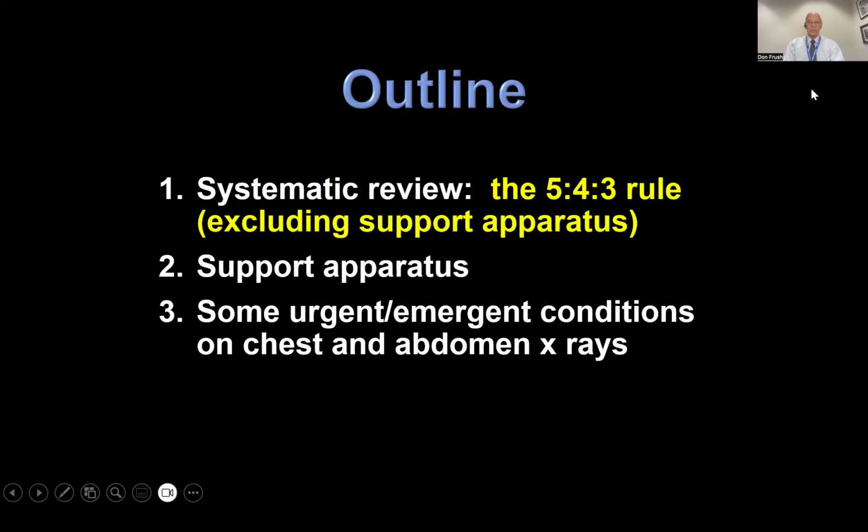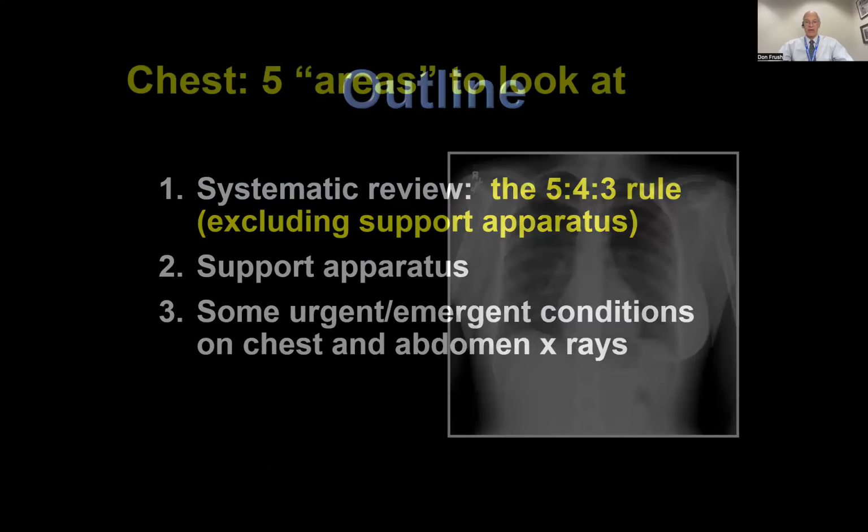So the outline is we'll talk a little bit about how I approach the systematic review of plain films, deal a little bit with support apparatus, and end up with some select emergent or urgent conditions on chest and abdomen X-rays. We will have a little time for question and answer at the end of this. I'll try to finish about 10 minutes to the hour.